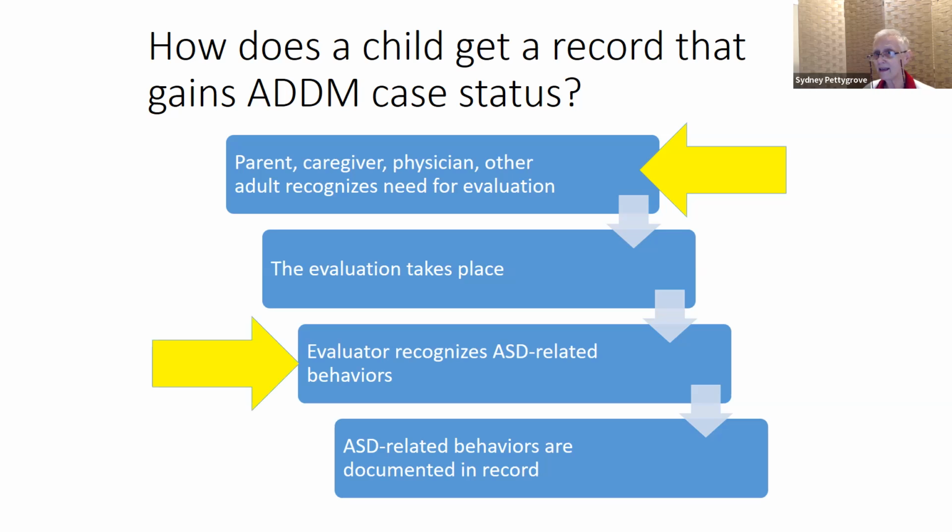Then we need the evaluator to be able to recognize these behaviors. And if evaluators are becoming more aware of autism-related behaviors over time and are better able to recognize them, then that can contribute to this appearance of an increase, even if there weren't one.